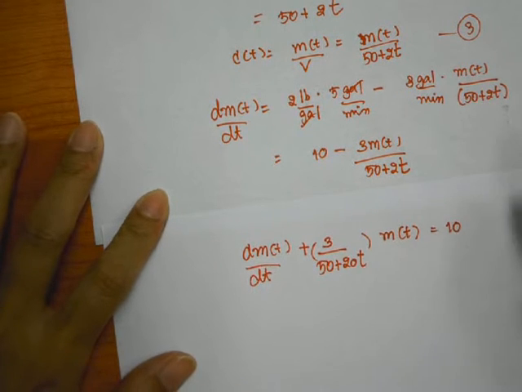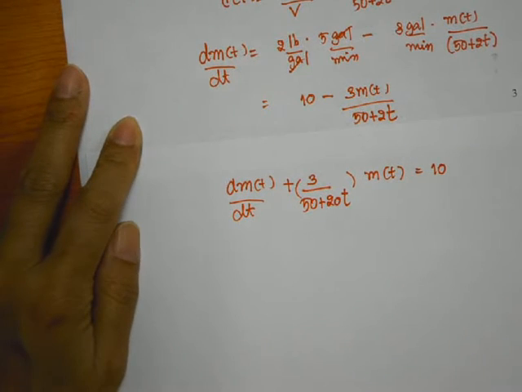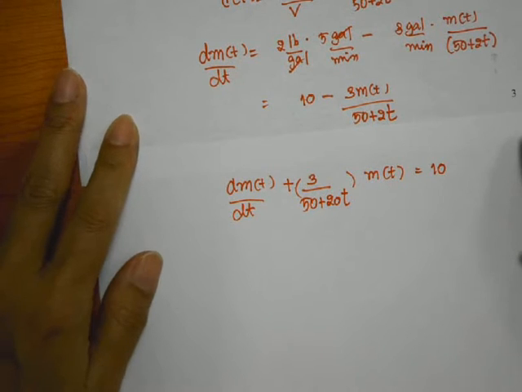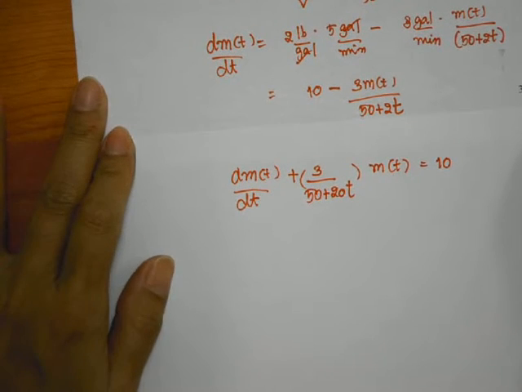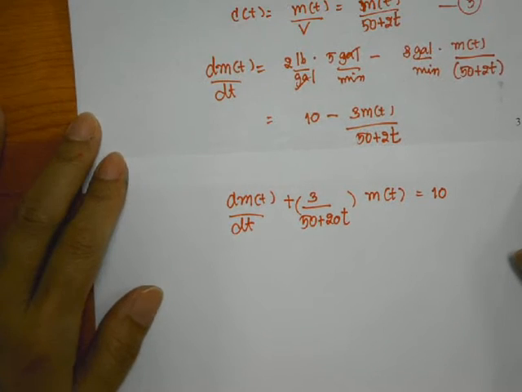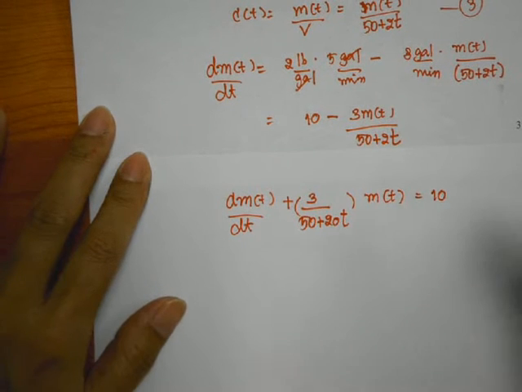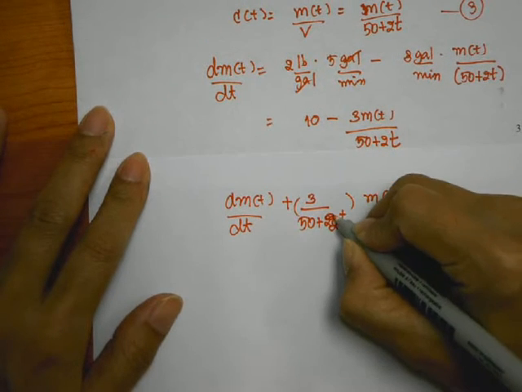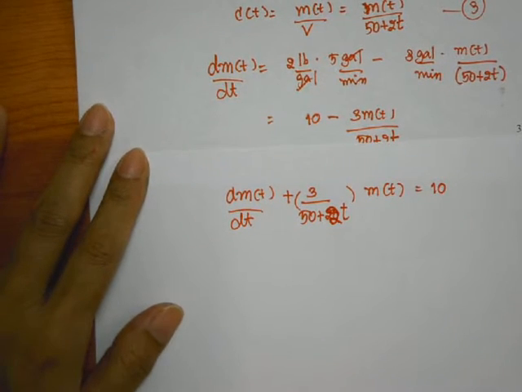What type of equation is this? It's a linear equation, right?